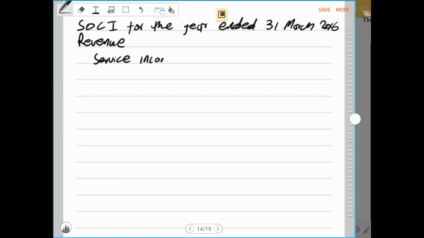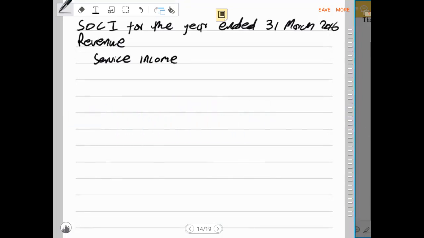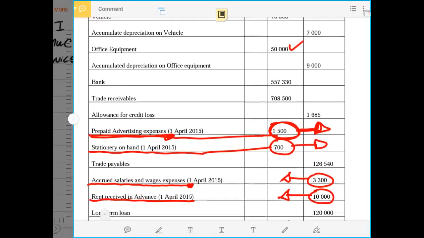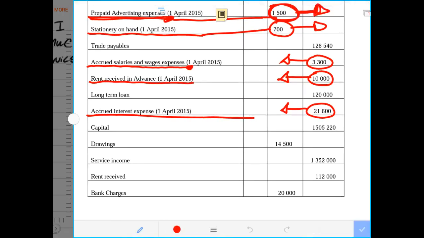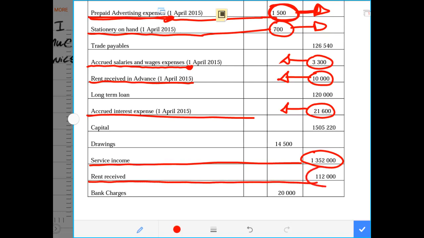Then from service income, we'll first have to check if there is any other income that we have to take into account. There we do have our service income at the bottom, which is given as 1,352,000 rands. There's also rent received, which is another income, 112,000 rands. So now I have to record this amount.